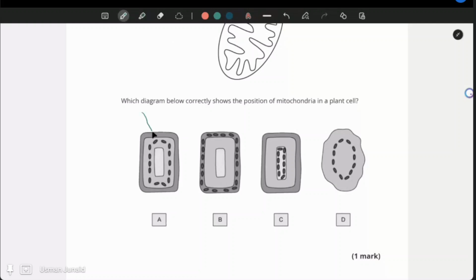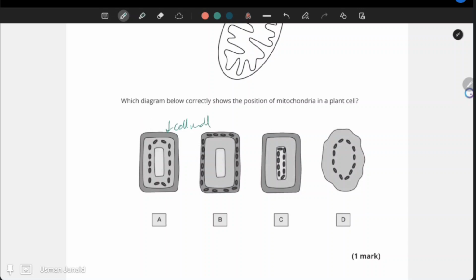What is this outer layer? Cell membrane, cell wall, right? This is the cell wall. After that we have another layer. So this is the cell wall.